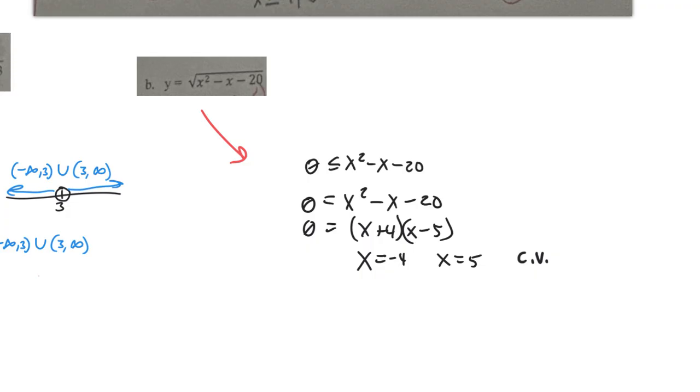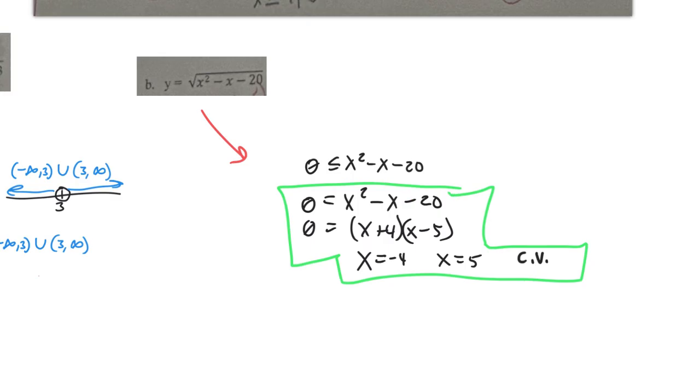So once again, when you have an inequality like this, you can temporarily treat it like an equation, and the purpose of that is to find your critical values. Now that we have the critical values, you draw your number line and you can plot them. You have negative 4 and you have 5.